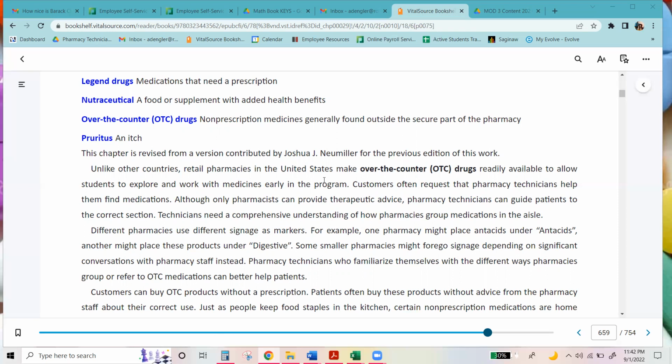Even if the patient talks to the pharmacist and then the pharmacist recommends something, more than likely you're going to be the one that goes and shows them where the medication is, especially if you're really busy, because in the retail world you have fewer pharmacists than you do technicians working. So it makes more sense for us to leave the pharmacy versus the pharmacist, even just for a little bit.